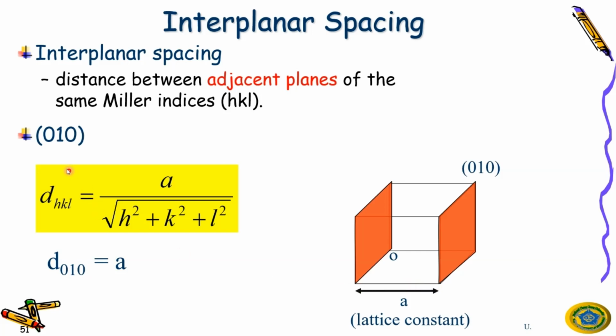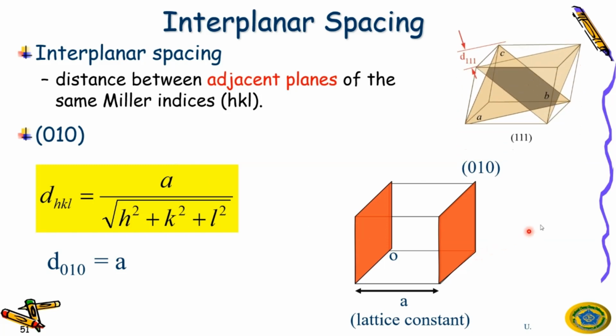But if I give you a more complicated Miller index, it will be more complicated for you to draw and to find out. So you use this equation to find the interplanar spacing. I give you an example, d_111. So d_111 is this one.